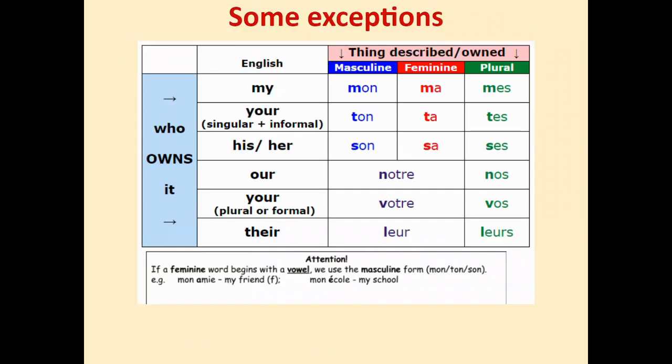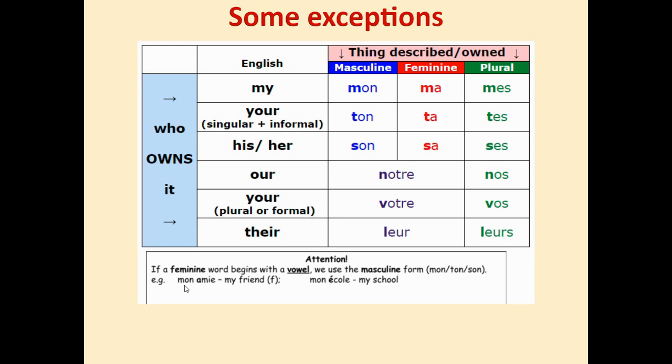So there are a handful of exceptions and they all follow the same rule, and it's written on the handout I've given you. If a feminine word begins with a vowel, we use the masculine form, mon, ton, and son here. It won't matter if it's our, your, and their, because there's only one word. The most commonly that you'll be using it is with these 2 words, amie, for female friend.